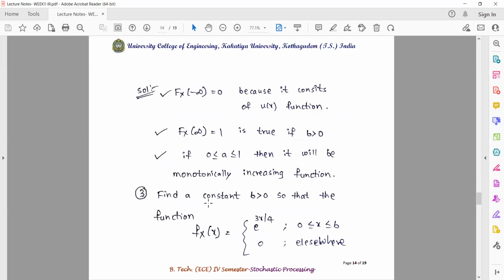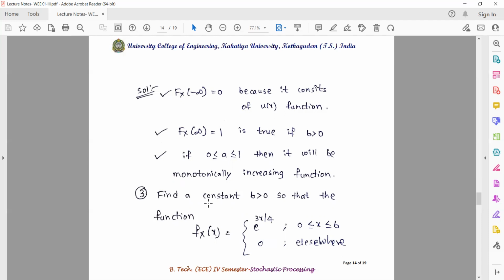So fx of minus infinity is equal to 0 because it contains u of x, the unit step function existing from 0 to infinity. For x less than 0, its value is 0. So it is satisfying fx of minus infinity is equal to 0 because it consists of the u of x function. Next one is fx of infinity should be 1, because it is taken from the properties.